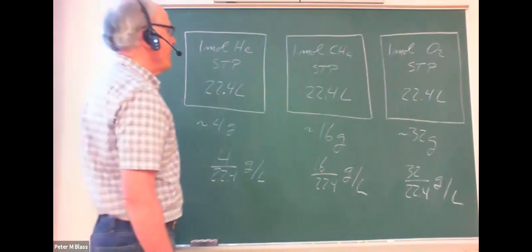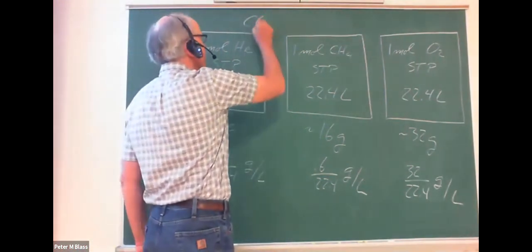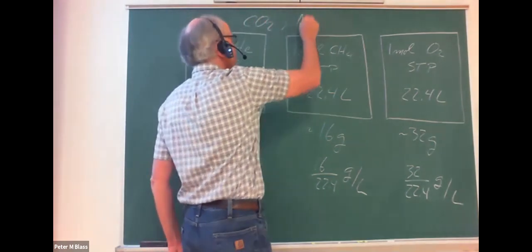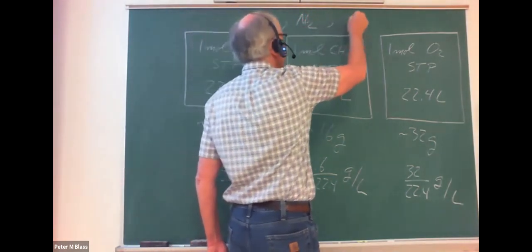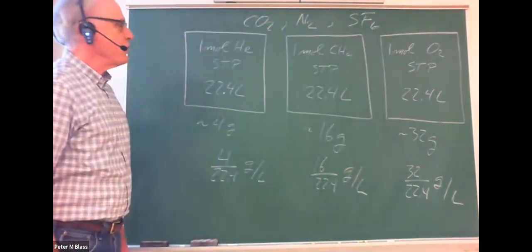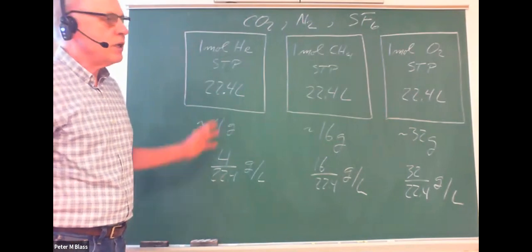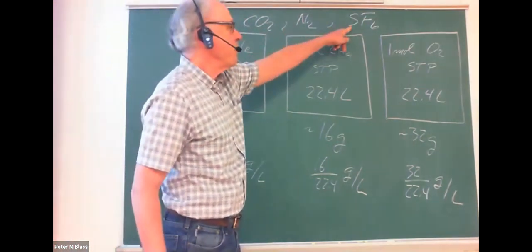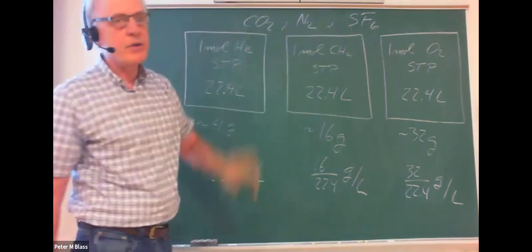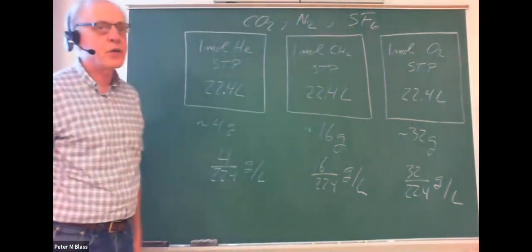So if somebody says, okay, here's several gases. Here's carbon dioxide, here's nitrogen gas, and here's SF6. Which of these gases at a given temperature and pressure have the greatest density? You need no further information. This has the biggest molar mass. Boom, you're done. That's the one with the biggest density at a given temperature and pressure.